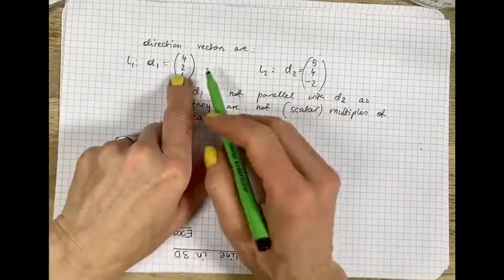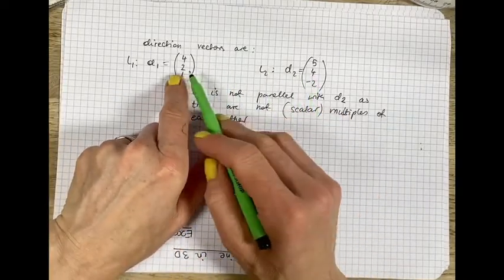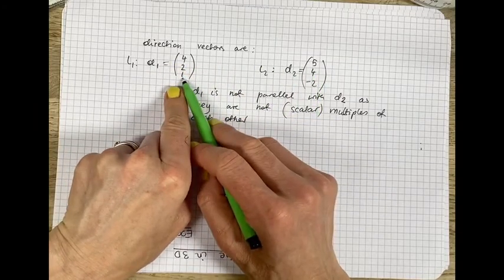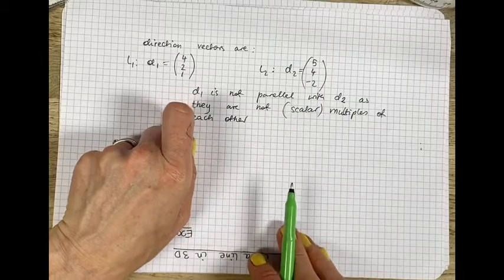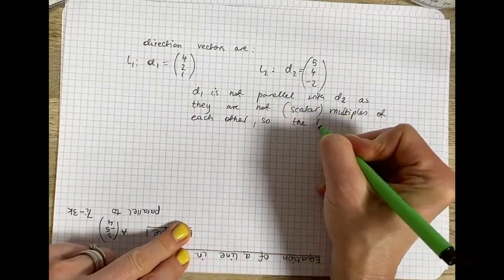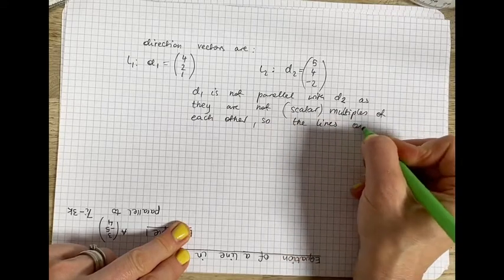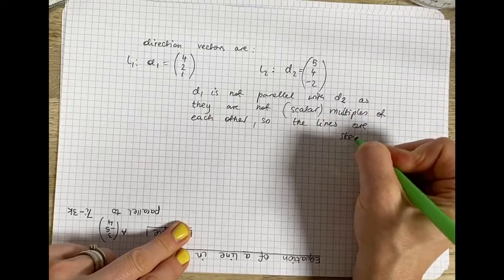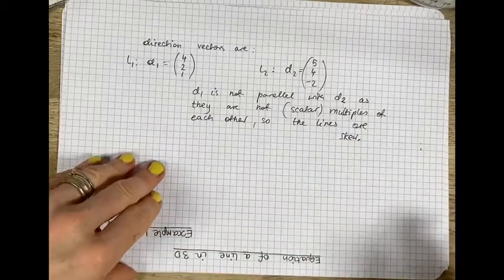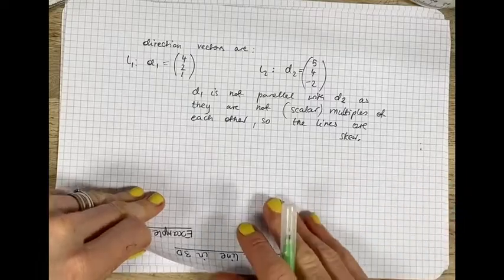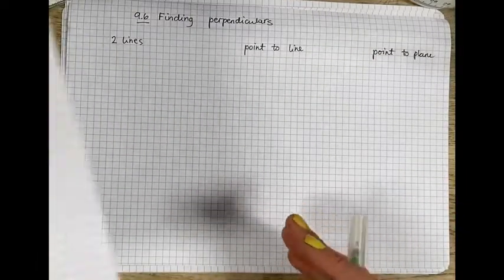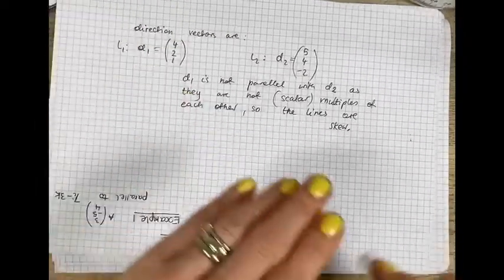So for example, to get from 2 to 4, I would have to double it, but if I double 4, I don't get 5, and if I double 1, I don't get minus 2. So the lines are skew. So if you forget to consider the direction vectors, you're not getting full marks for that, you're losing a couple of marks possibly. Okay, so you can go on to exercise 9E.